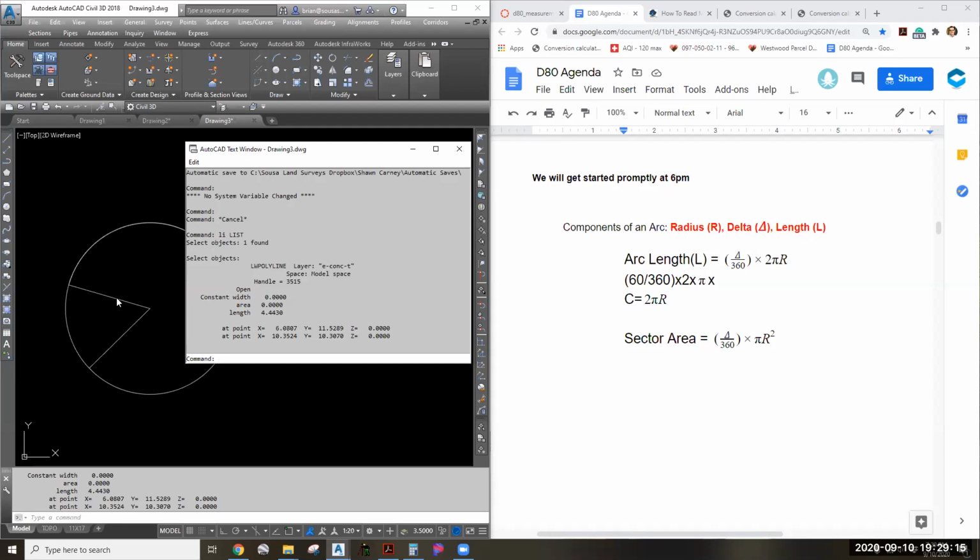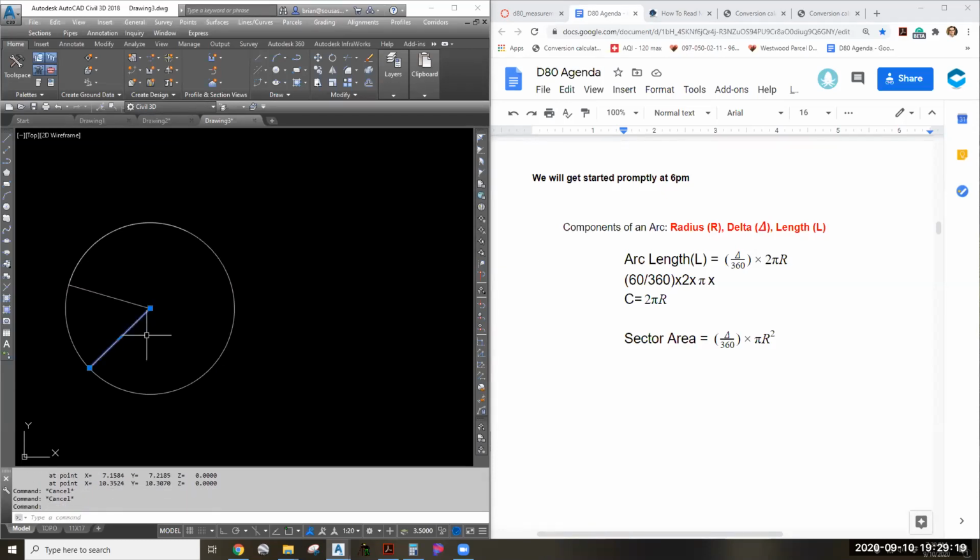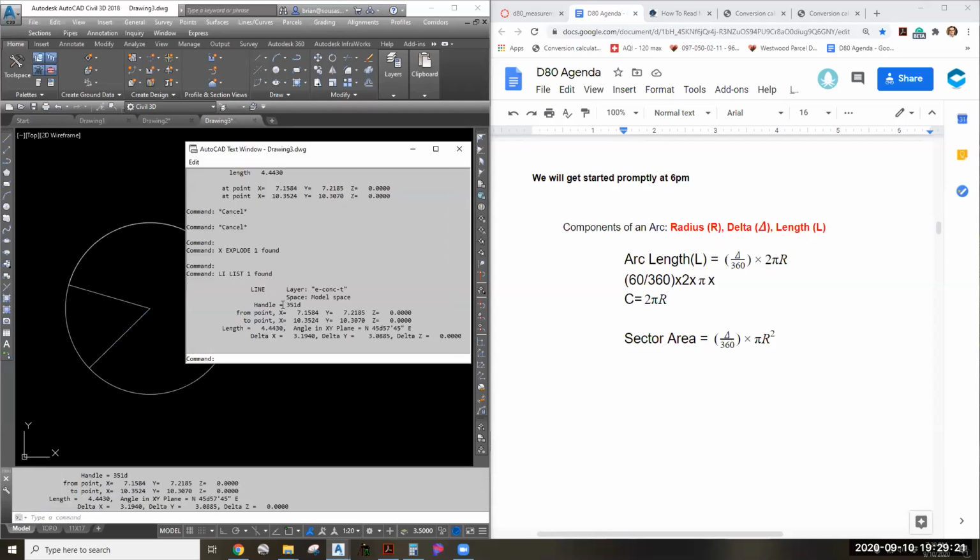Radius is 4.443. This is just an example.